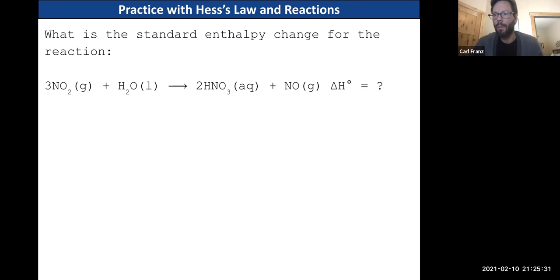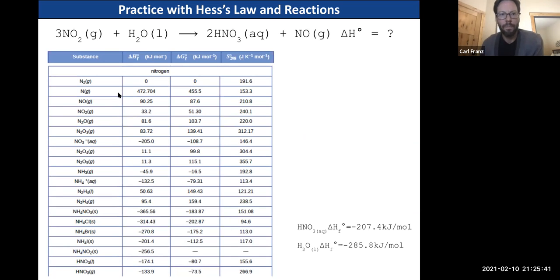Here's an example problem for you to work on. Again, if you're pretty confident with this stuff, then you don't have to. But again, here are the different enthalpy values, and some of them aren't in the appendix.